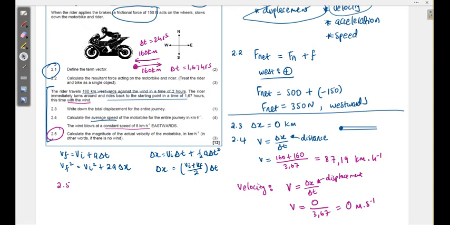Remember, he took less amount of hours, right? Yeah, he took less amount of hours because of the wind blowing there. So we want the actual velocity if there is no wind. Well, it's fine. To get the actual velocity, we're still going to consider the displacement. Then we say over time.